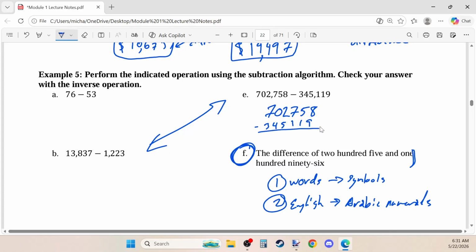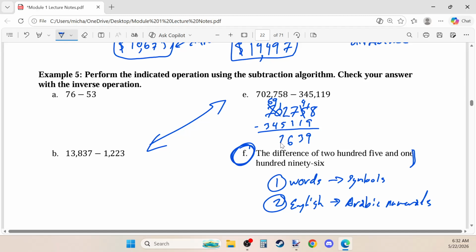There we go. Can't take 9 from 8, so I have to borrow. 18 minus 9 is 9. 4 minus 1 is 3. 7 minus 1 is 6. Can't take 5 from 2. And I don't have a 10 to borrow from here, so I'm going to have to borrow 10 from the 70. This becomes 69.